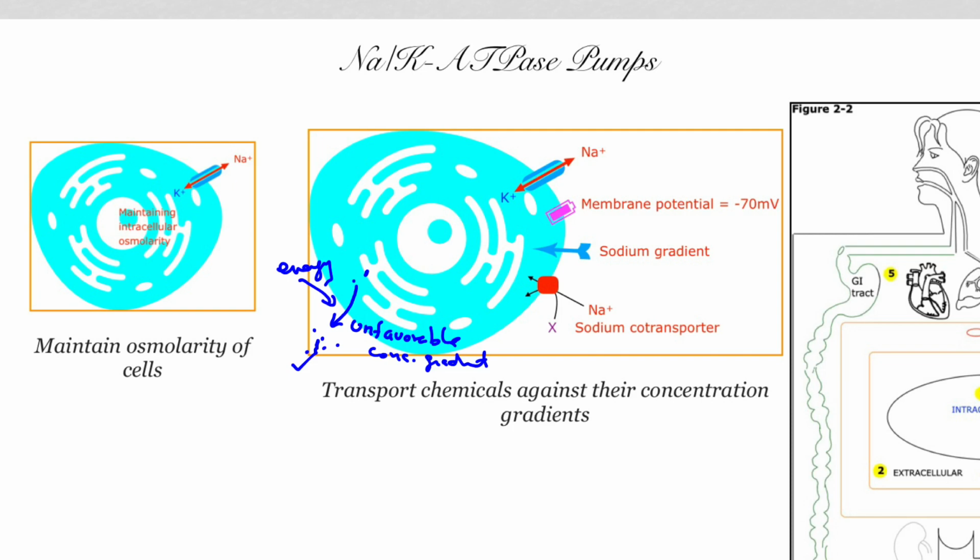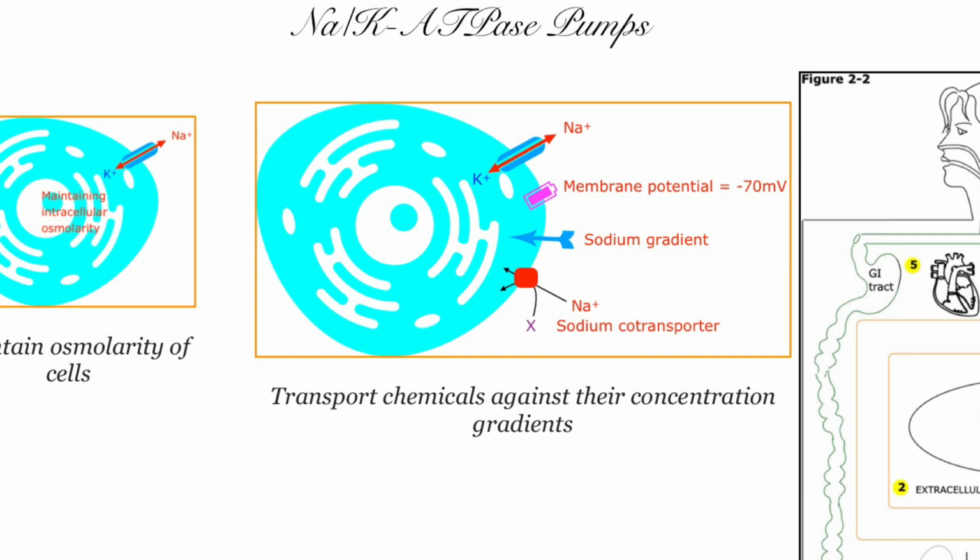Let's see how these sodium-potassium pumps help in taking things from a lower concentration to a higher concentration. Because of the sodium-potassium pumps, we saw there is about 140 millimolar concentration of sodium outside, and maybe 10 millimolar concentration of sodium inside the cell.